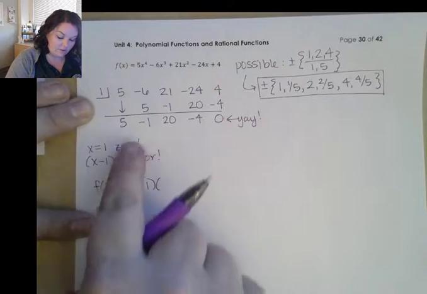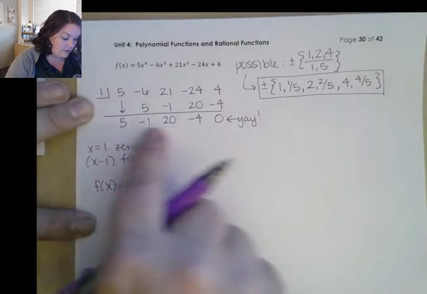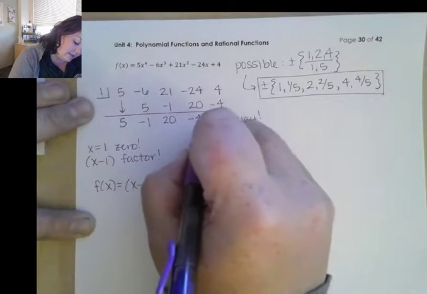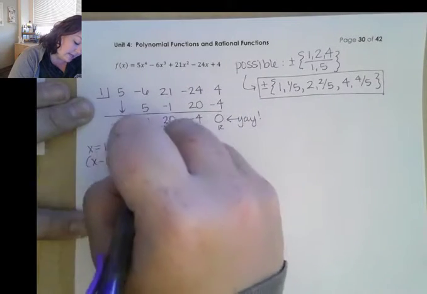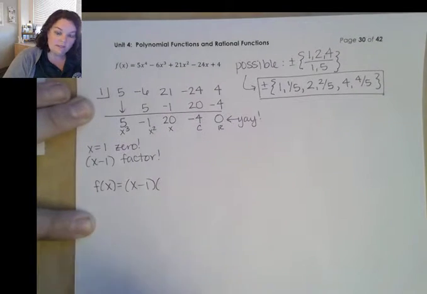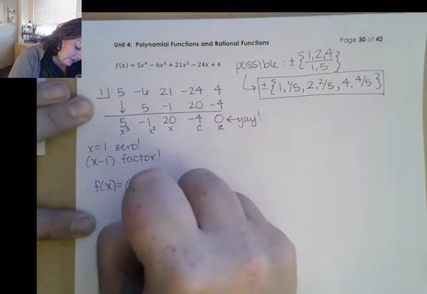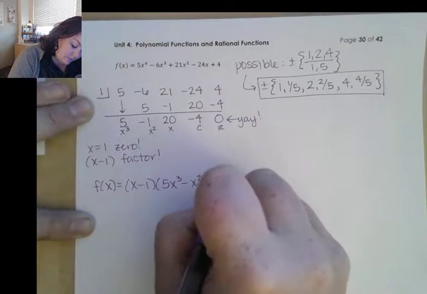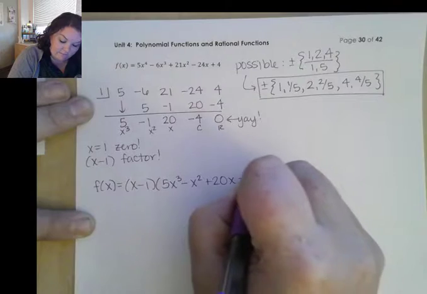And the remaining factor is what we have up here that's left over from synthetic. So remember, this is our remainder, this is our constant, this is our x, this is our x squared, this is our x cubed. So this leaves me with 5x cubed minus x squared plus 20x minus 4.